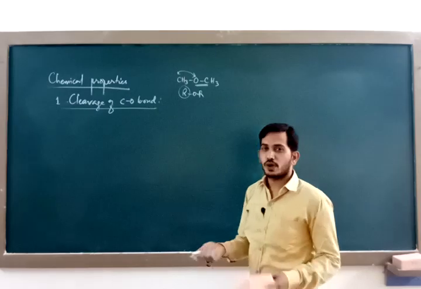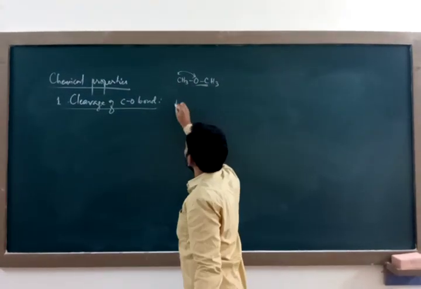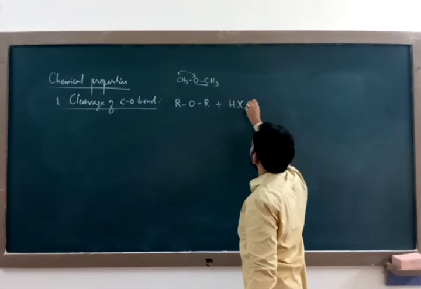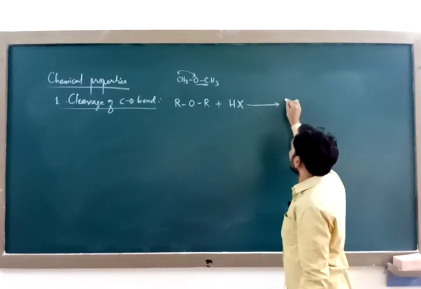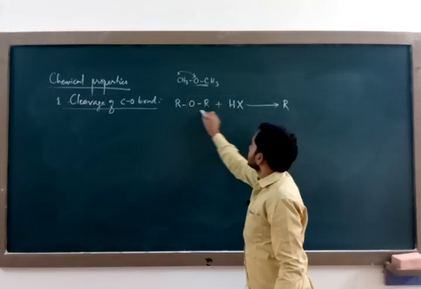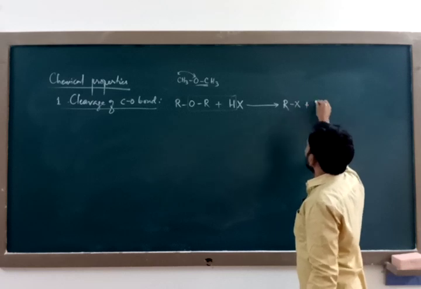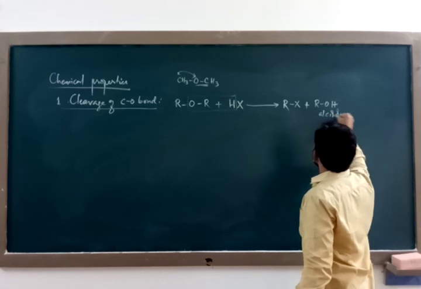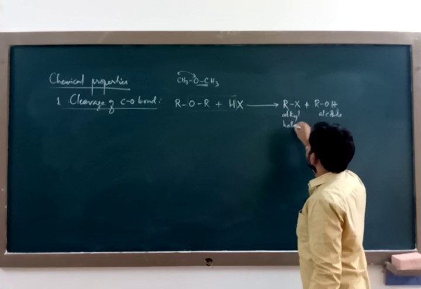So how does this bond break? One example, whenever ethers react with an acid, hydrogen halide, then you separate this much part. What is left? Alkyl halide and ROH; alcohol and alkyl halide are obtained.